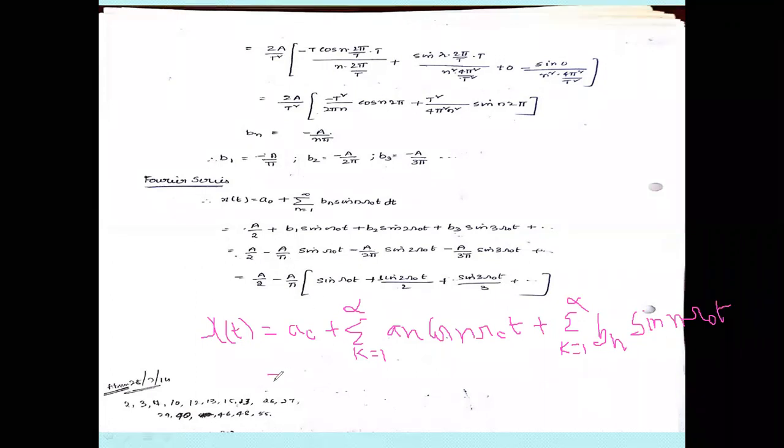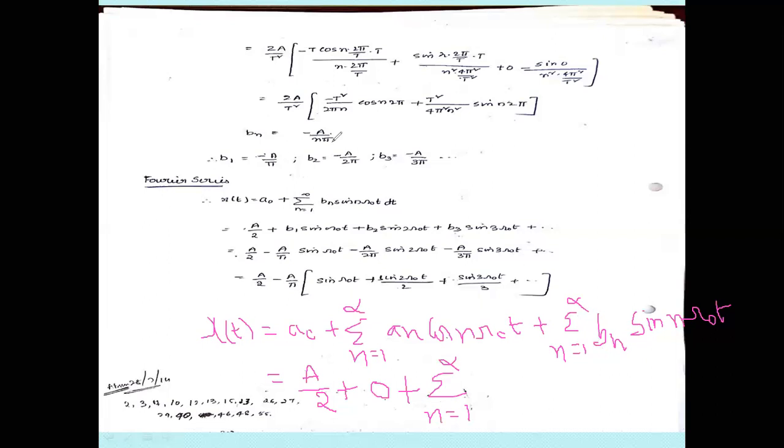What is a naught? A by 2 we got. Capital A by 2 plus, what is an? 0 plus the sum of, not the k, it is n. I use the n here, so don't use the k here. N is equal to 1 to infinite.